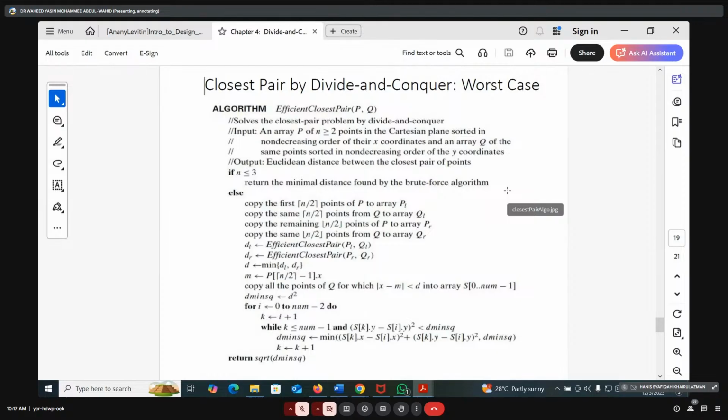This is how we manage things first before we start. So the points in the Cartesian plane stored in non-decreasing order of their x coordinates, and the array Q of the same points stored in order of the y coordinates. Output: the Euclidean distance between the closest pair of points. Okay.